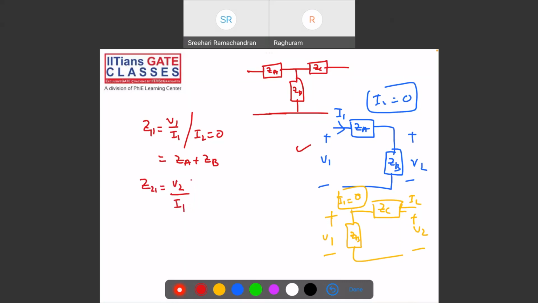V2 by I1 at I2 0, from this circuit. What is V2 by I1? V2 by I1 is ZB directly.